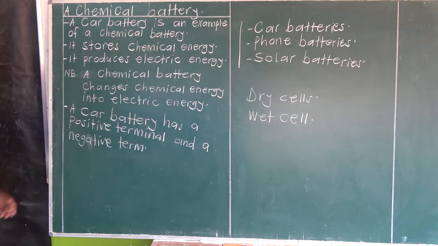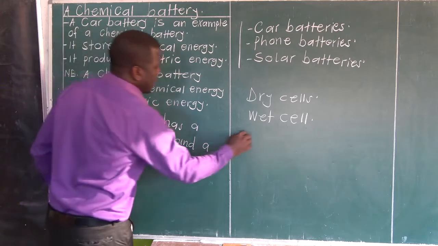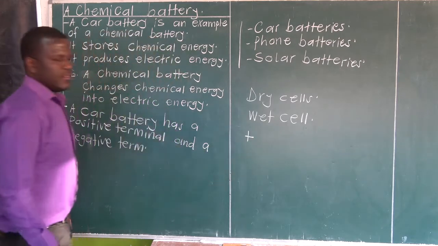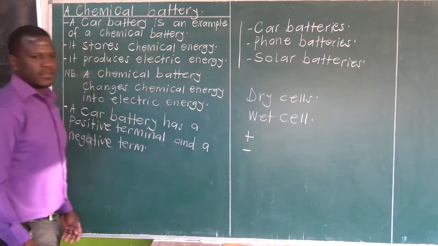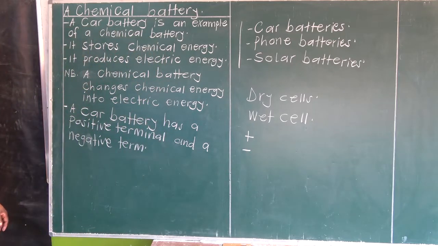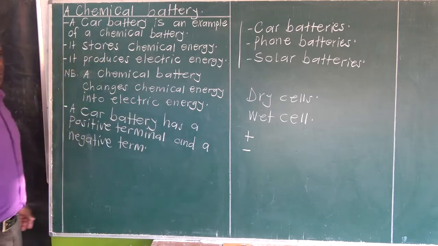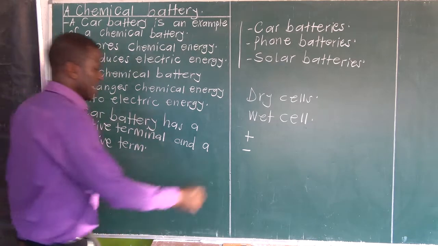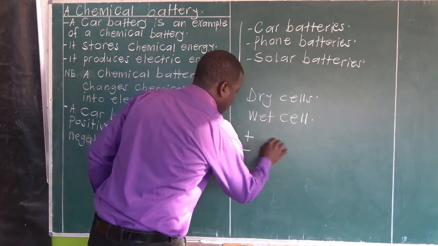A positive terminal is represented by a plus sign. Then a negative terminal is represented by a negative sign. So if you look at a car battery and you find a plus sign, that one represents a positive terminal. Then a negative sign, that one represents a negative terminal.